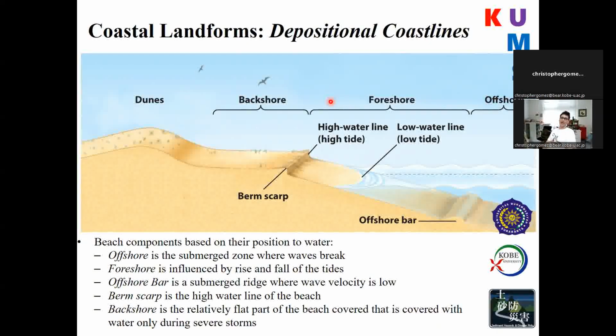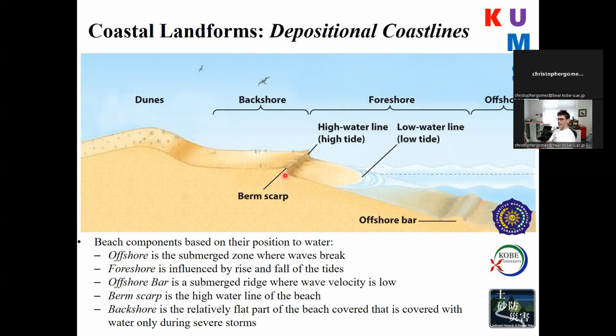And here we go. So when we have this kind of beach, we're going to have at the back a sand dune that can have underneath different types of material. That can be some hard rock, and can be still sand. Then we're going to have at the top here what we call the backshore. And the backshore is separated from the foreshore by the berm scarp here.